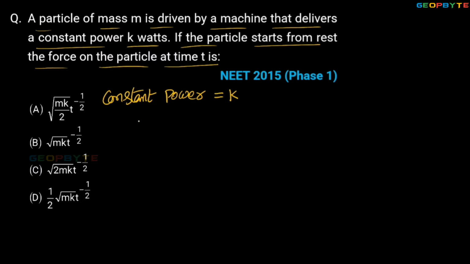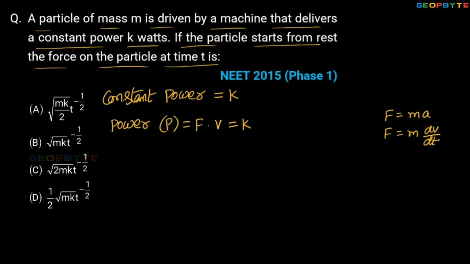You know power P equal to F dot v. It is given as k. But what is the force according to Newton's second law? F equal to m a, which is m into dv by dt.